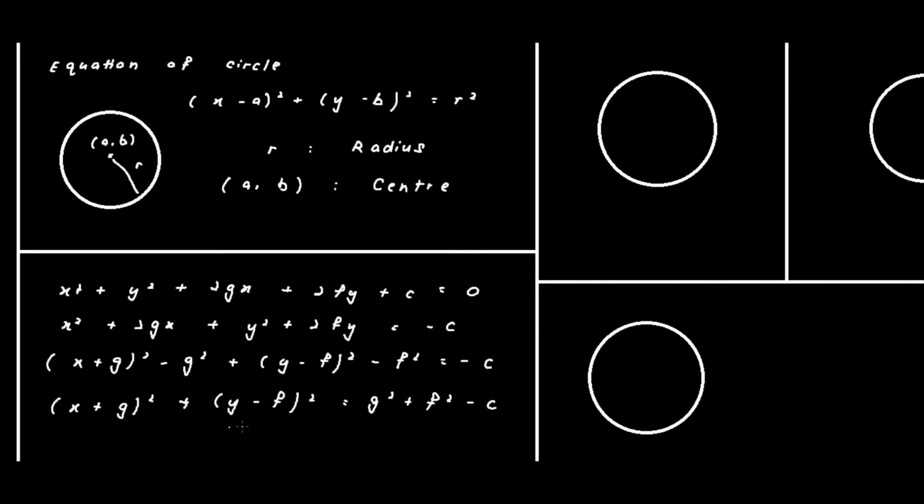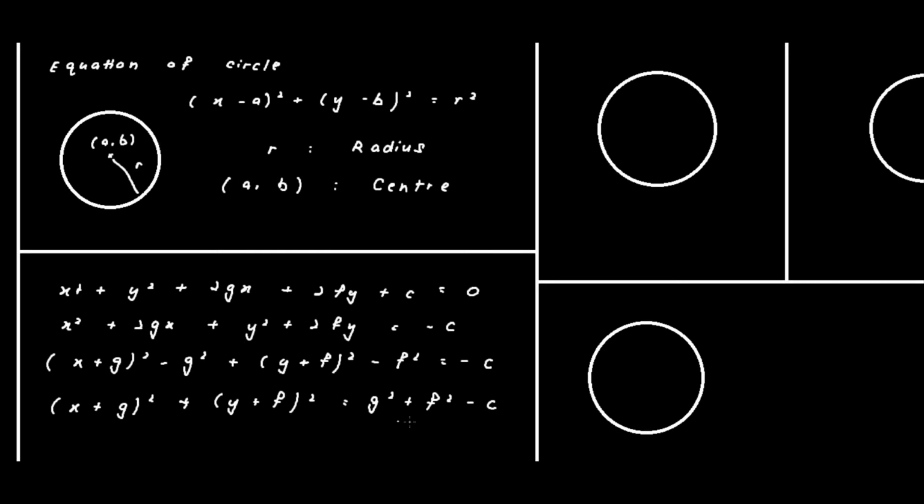So you can see that now it's in the form of the equation for a circle, which means negative g will be the x coordinate of your center, and negative f will be the y coordinate of your center.